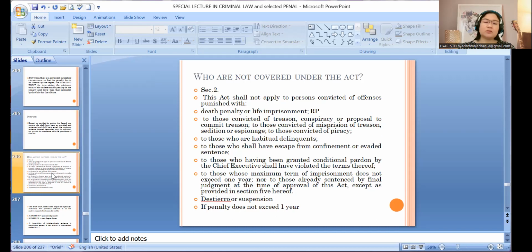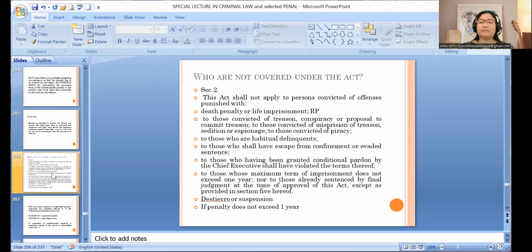Now, take note that while the imposition of an indeterminate sentence is mandatory, the provisions herein shall not be applied if the accused is disqualified or falls under any of the disqualifications provided under Section 2.